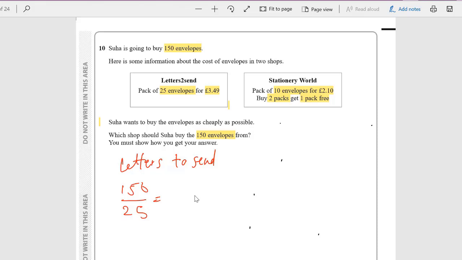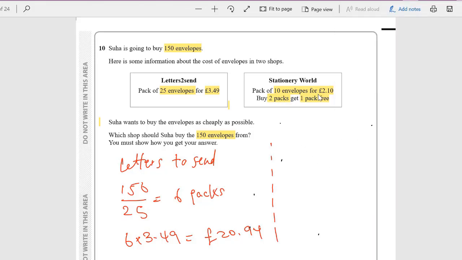So that will give us 6 packs. So 6 times £3.49, which is what 1 pack costs, is 20.94.